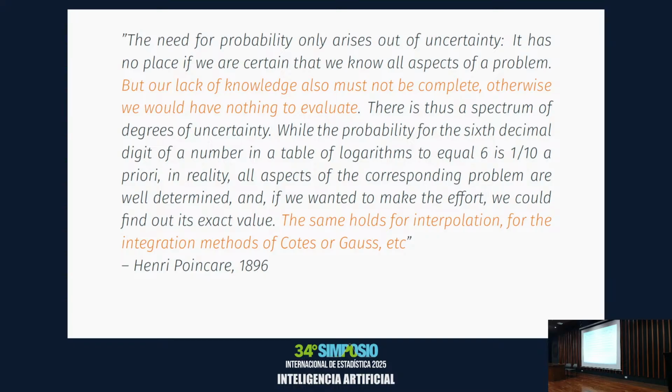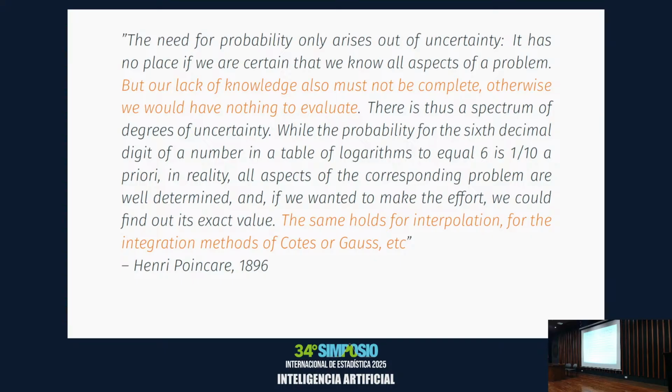There is thus a spectrum of degree of uncertainty. While the probability of the 6th decimal digit of a number in a table of logarithms being equal to 6 is 1/10 a priori, in reality, all aspects of the corresponding problem are well determined. And if we wanted to make the effort, we could find out its exact value, okay? This is true, right? If I got a logarithm table, there's truth there.